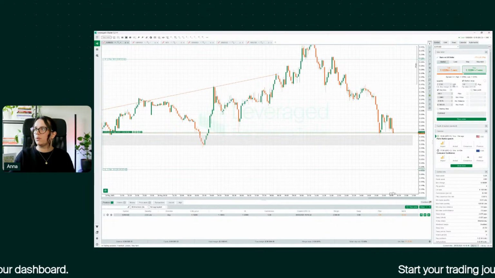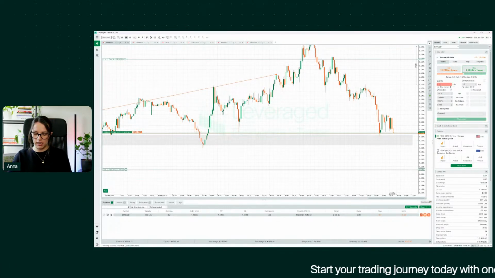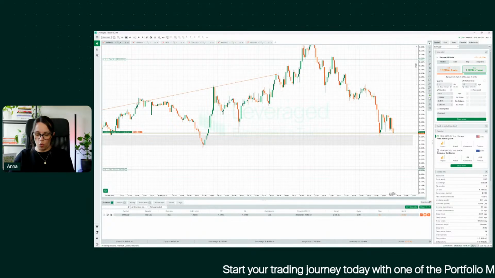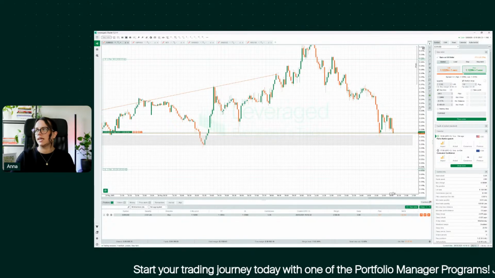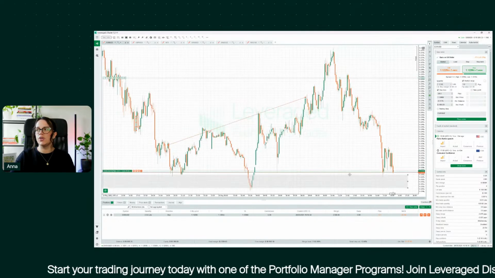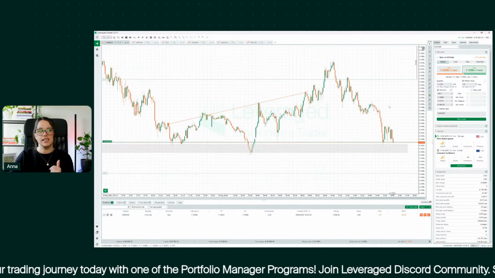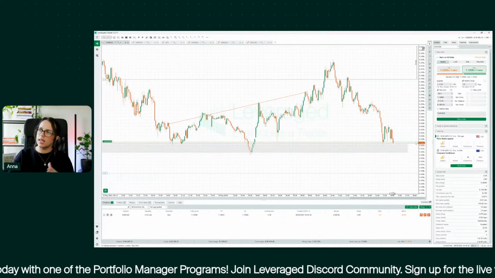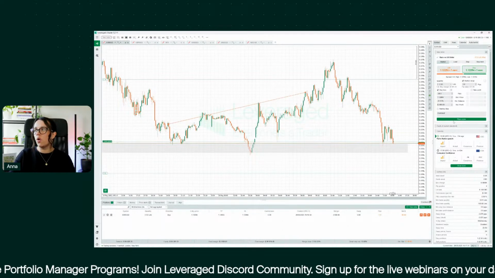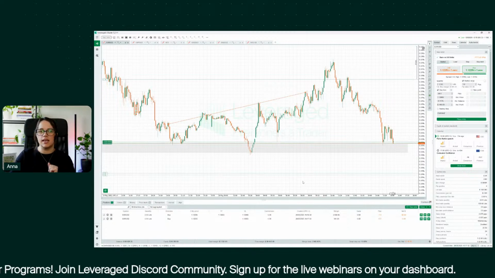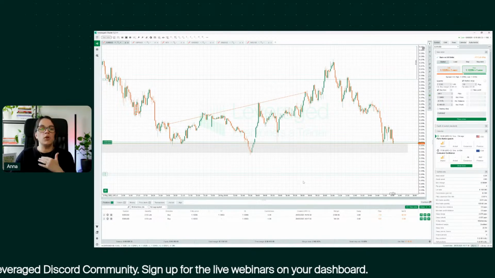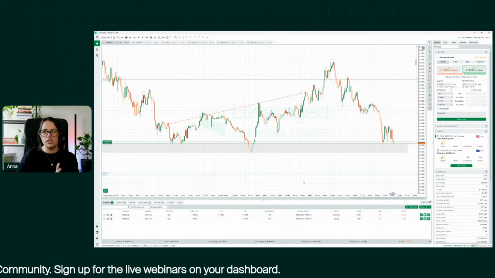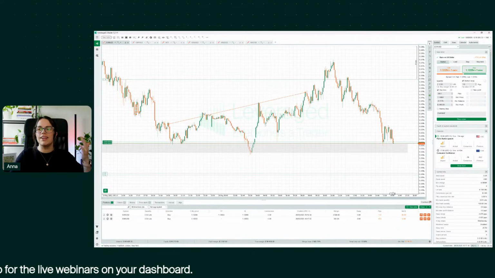So for example, there will be traders who will be trading one lot all the time or 0.50 lots all the time. And what they will do, they will be, for example, trading a certain zone. So currently we are in the support area, right? So what I'm going to do, I'm going to place a trade in here. And again, I'm not checking my loss because I already know my strategy, right?